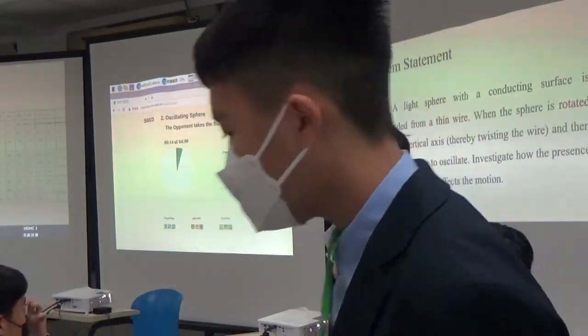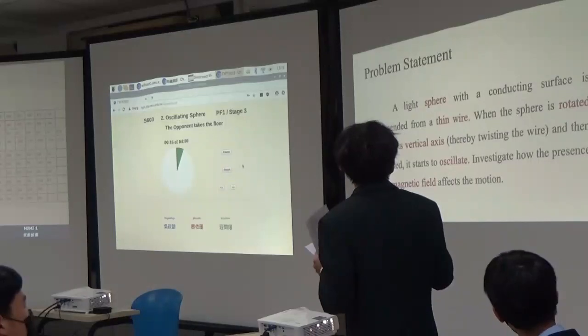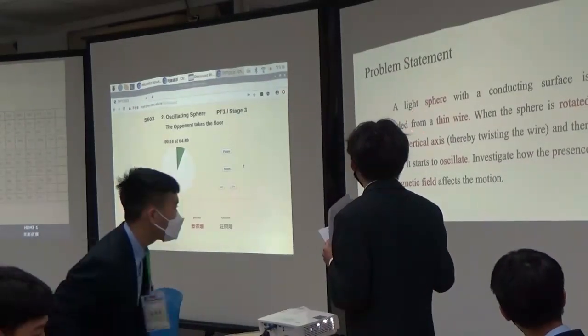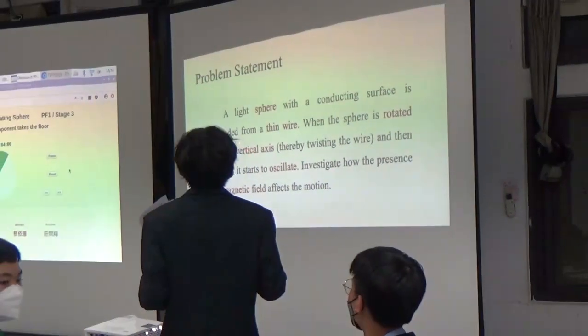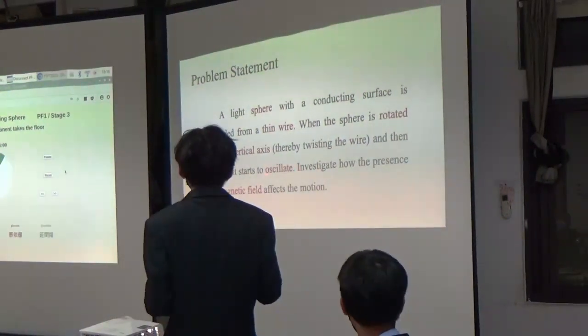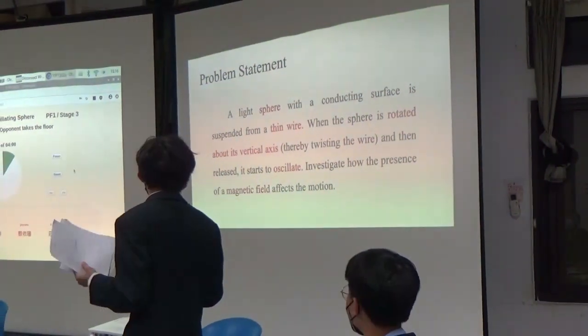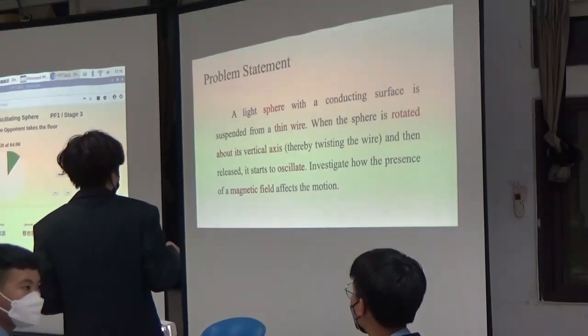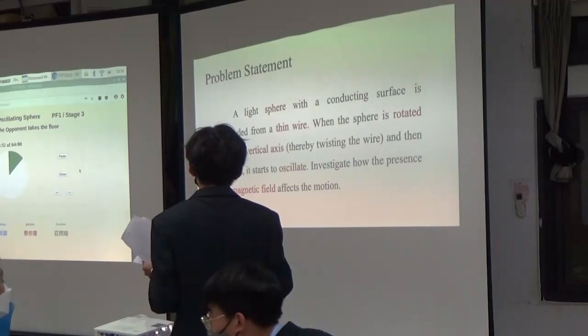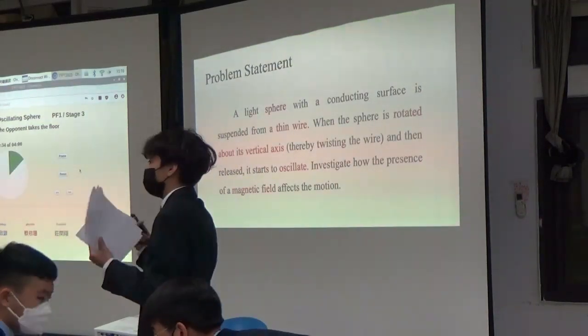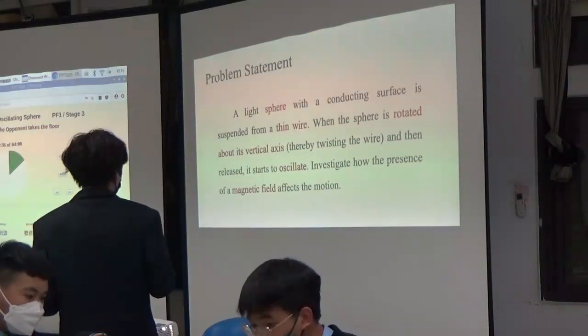The problem statement is that when a conductive sphere is rotated around its vertical axis, it starts to offset. The main idea of the topic is to talk about how the magnetic field influences this sphere.